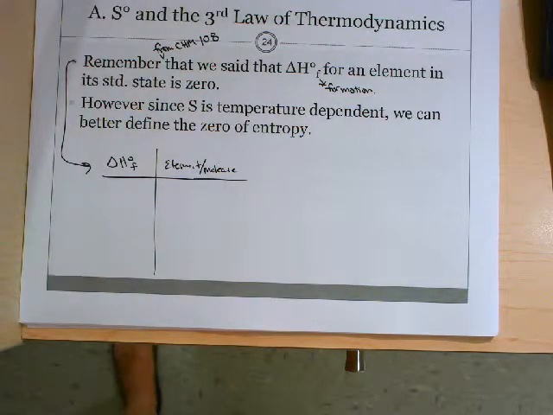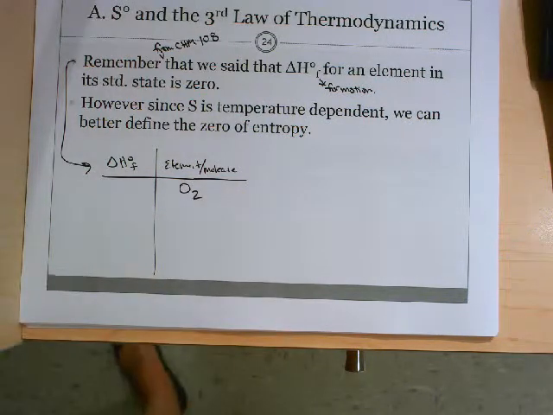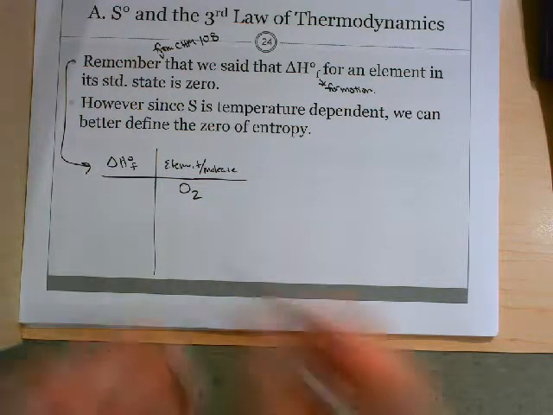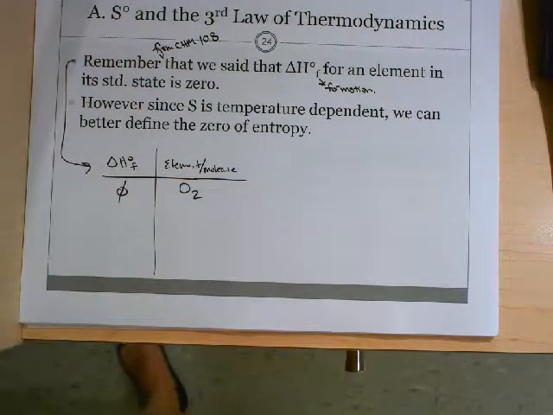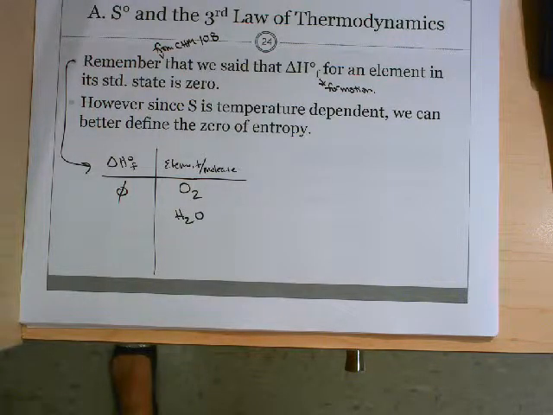Right, if I was looking that up in the back of the book, if I had oxygen gas at 1 atmosphere, 25 degrees Celsius, is that standard state? Alright, what if I had water, 25 degrees Celsius, 1 atmosphere? Also 0.